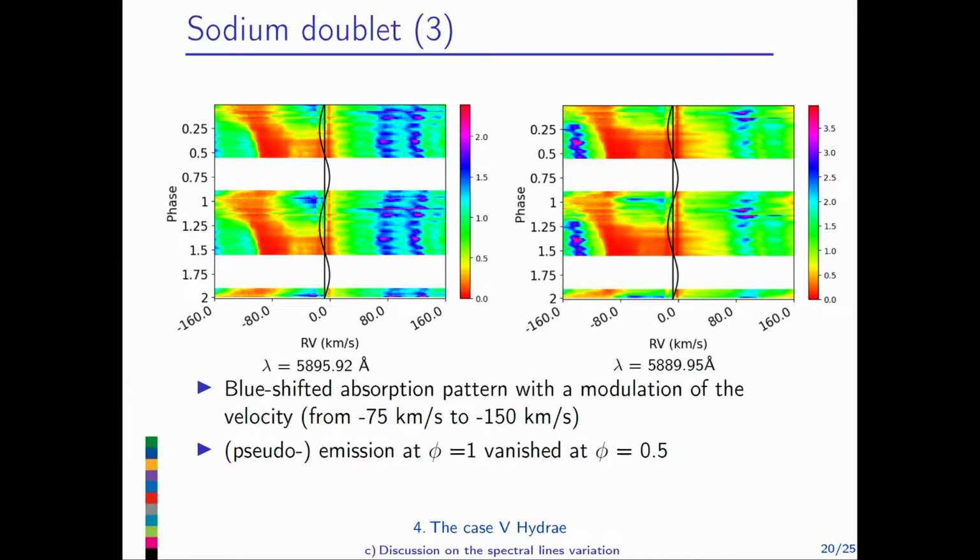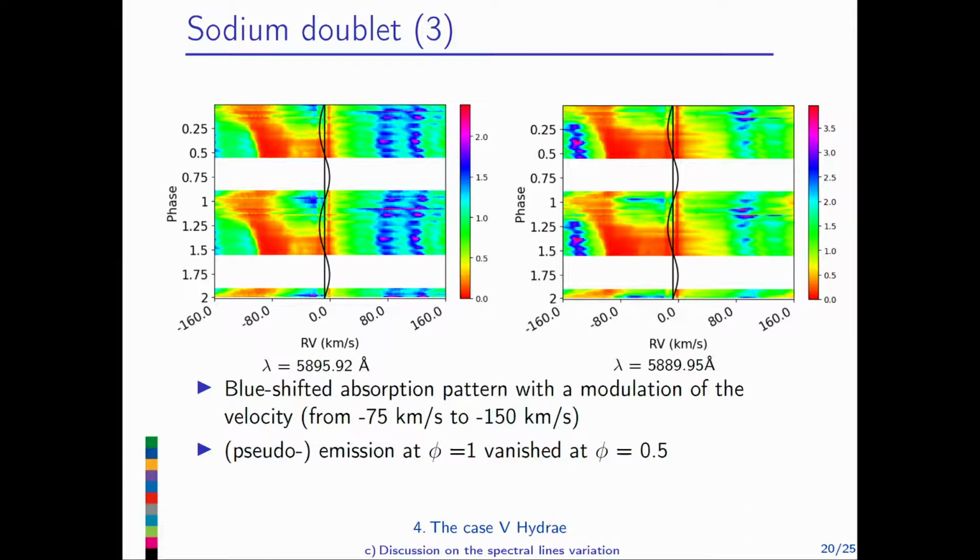So what we can conclude from the sodium doublet is that we have a blue shifted pattern of absorption, with a modulated velocity range and also a modulated depth. So it's deeper here than there, and also the presence of a pseudo emission around phase 1. So at phase 1 here and there, you have the presence of a pseudo emission.